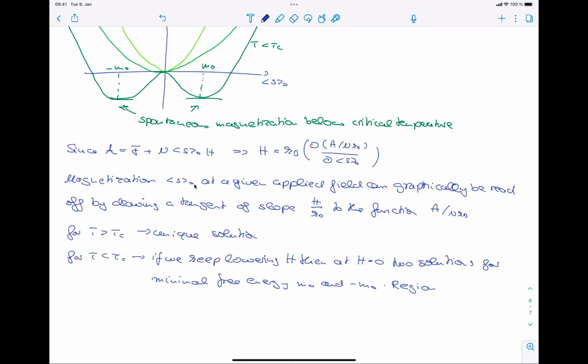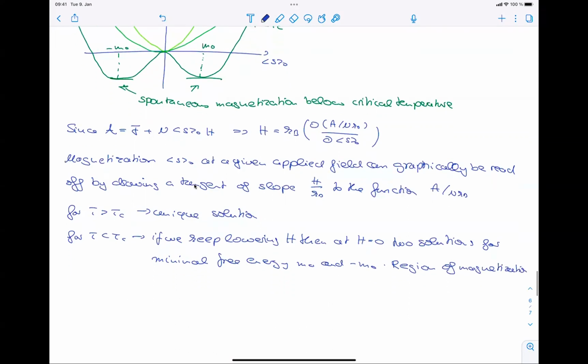So regions of magnetization M naught and minus M naught next to each other.